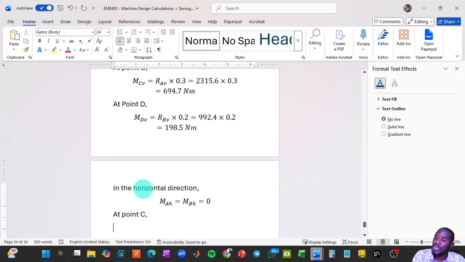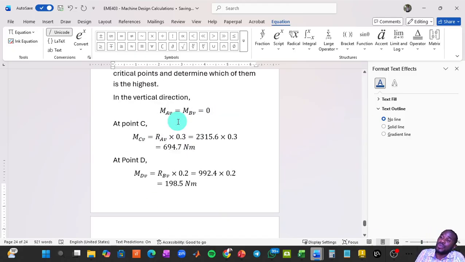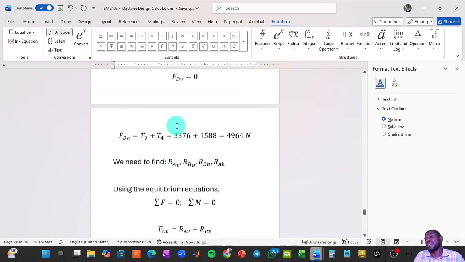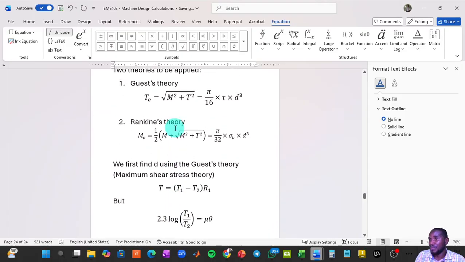So at point C, what will be the bending moment? M underscore CH, the horizontal component of it, will be, so let's come back to point C. After this, I'll be coming back to the diagram because you should get a hang of it.